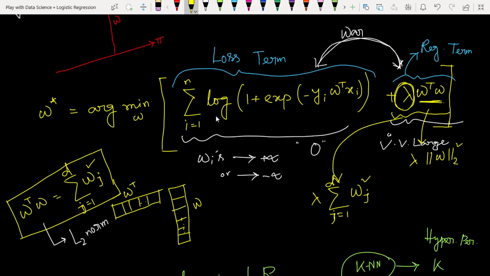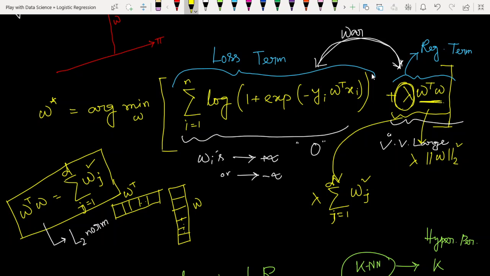The term summation i equals 1 to n of log of 1 plus exponential of minus yi w transpose xi is called our loss term. The other is the regularization term, lambda w transpose w, where lambda is our hyperparameter. We have to find the best lambda, balancing these two terms.